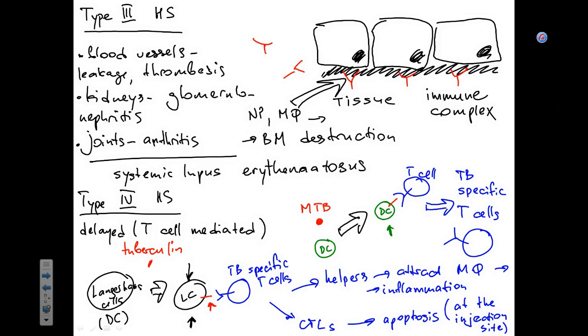Does that make sense? It's pretty much found in the stratum spinosum of the epidermis. So things like mosquito bite, poison ivy, everything that gets on the skin is being presented. Any antigen that gets on the skin is being presented by Langerhans cells. Does that make sense? Okay.